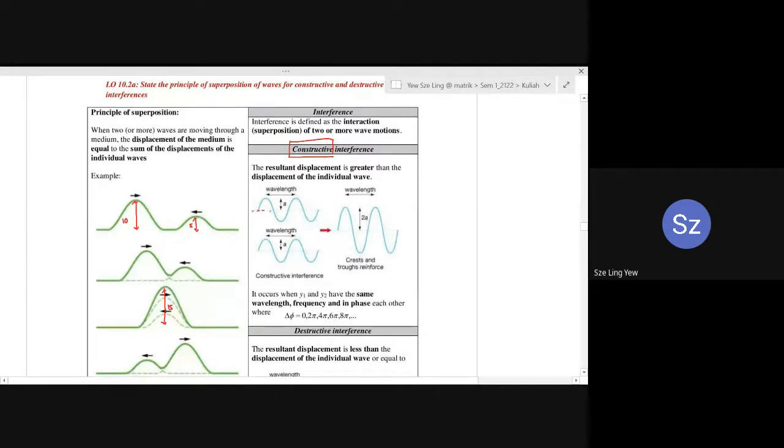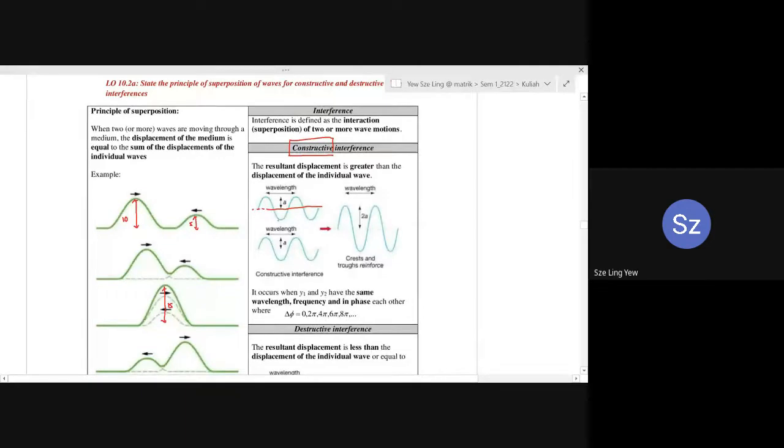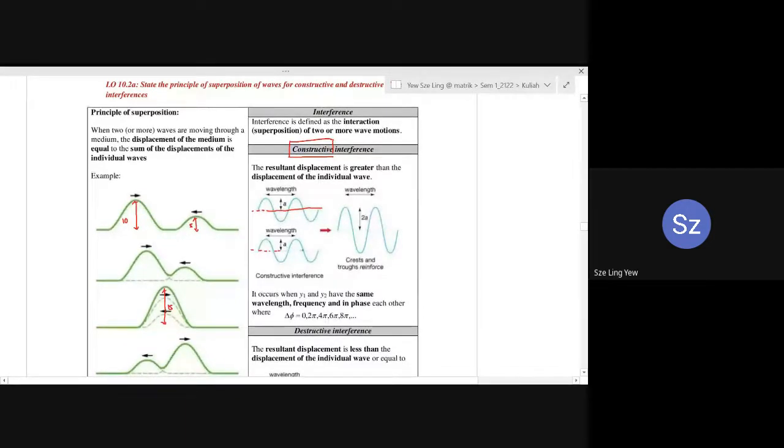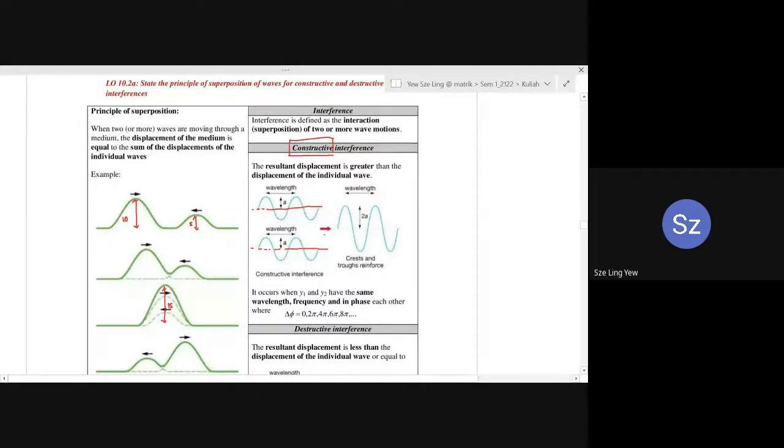Initially the amplitude of an individual wave is just A. This is the equilibrium line. So when the two overlap with each other, they give you 2A. This is what we call constructive interference, because the product of the superposition is larger than the individual wave before they undergo superposition.